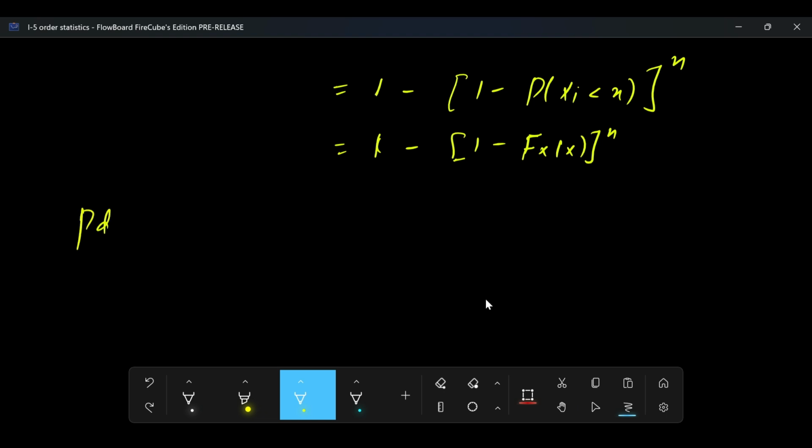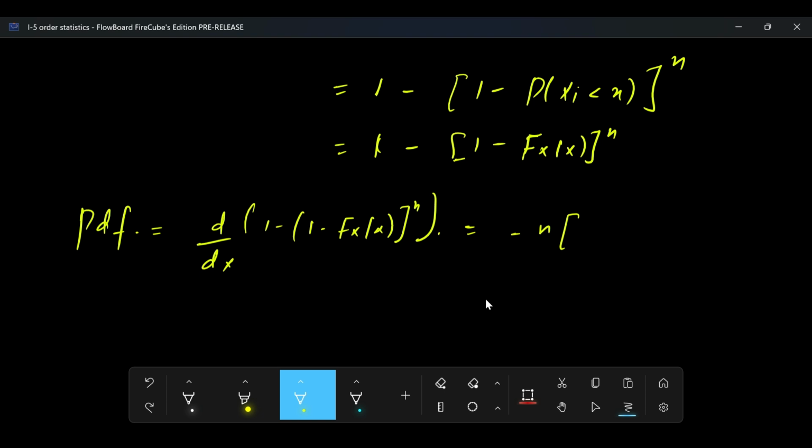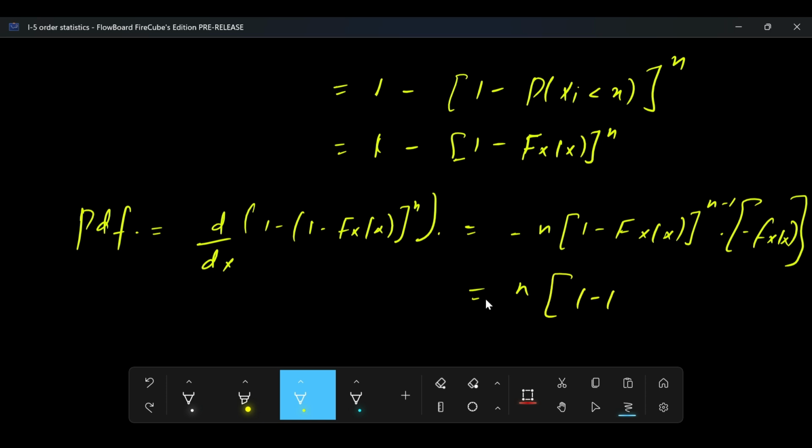Now the PDF: d by dx of 1 minus [F(x)]^n. Differentiation of 1 is 0. This is minus n times (1 minus F(x)) raised to the power n minus 1, into the internal differentiation, that's minus f(x), which is equal to n (1 minus F(x))^(n-1) into f(x).